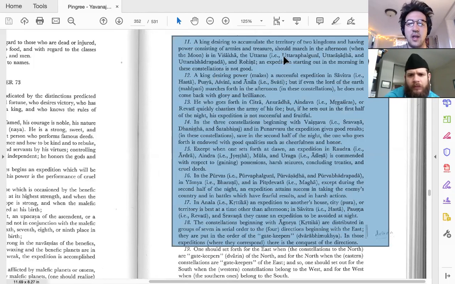And you'll find here, I found this fascinating, that he named some of the nakshatras based on their deities, like Savitra instead of Hasta. Because if I remember correctly, Savitri is the deity for Hasta. And the same with a couple others, although I'm not as familiar with them, like Aindava for Mrigashira.